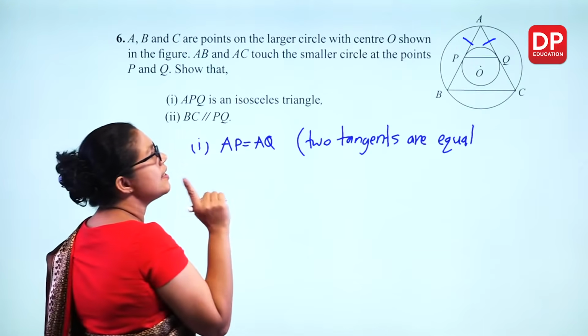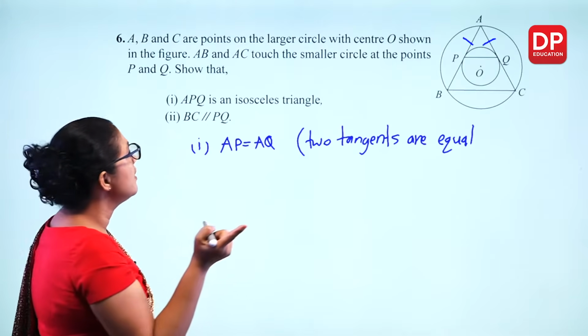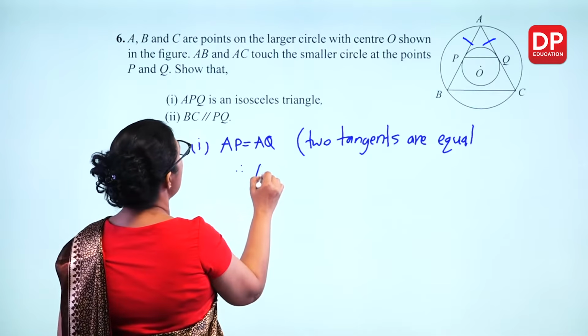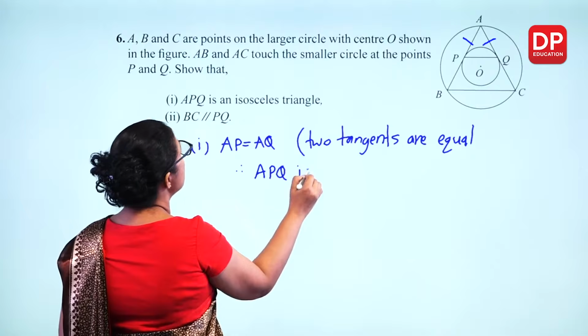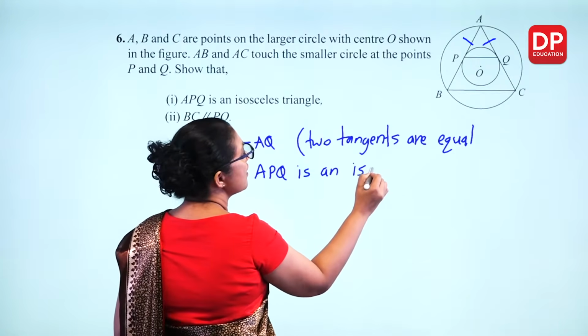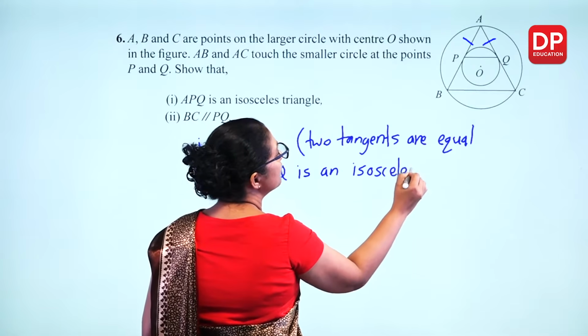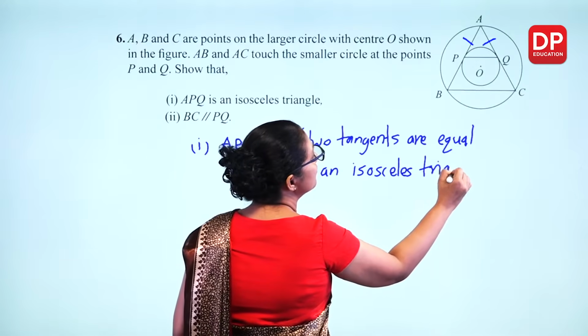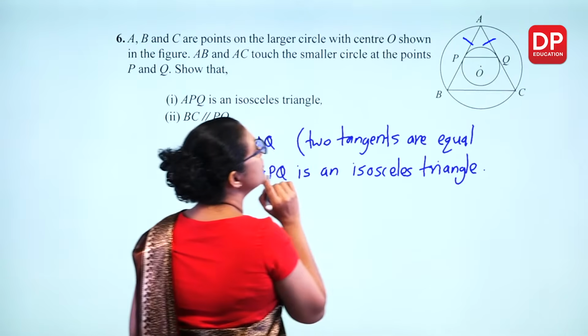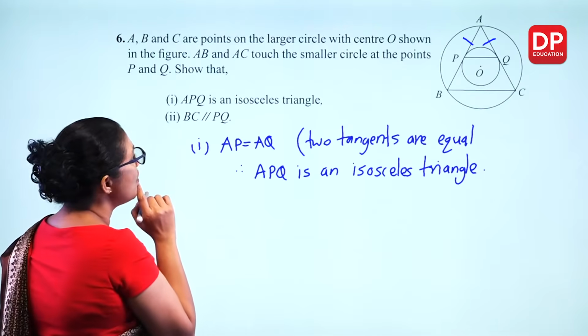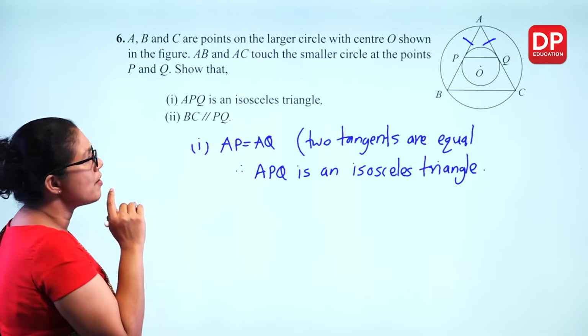Now we can see two lengths are equal. So therefore, APQ is an isosceles triangle. Second one, you are asked to show BC is parallel to PQ.